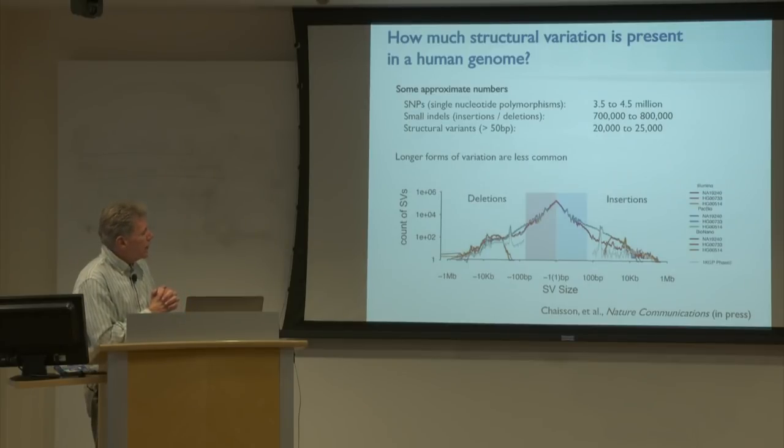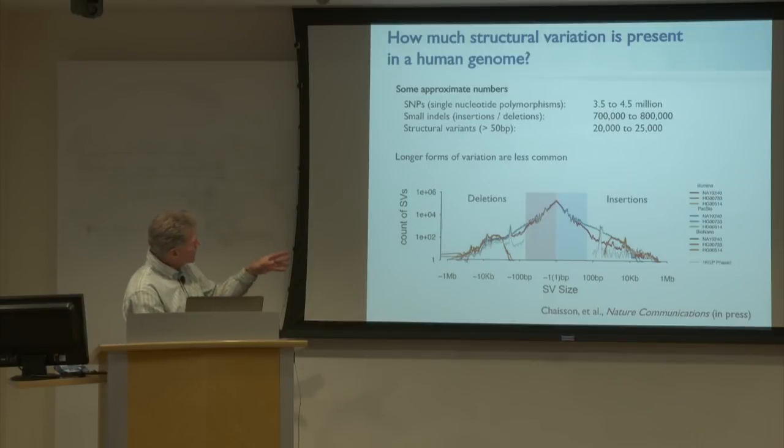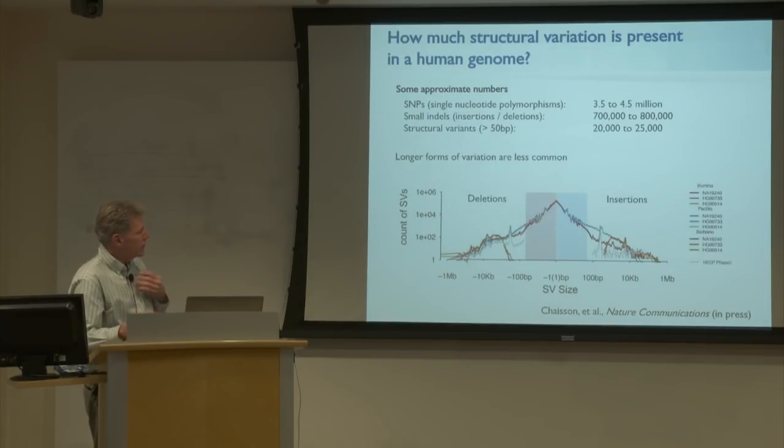And what we see here is that we get a spectrum of variation all across the length scale. And it really does fall off. The x-axis here is in log scale. So you can see that there are many fewer variants as you get out to longer length scales, and it falls off in this natural progression.